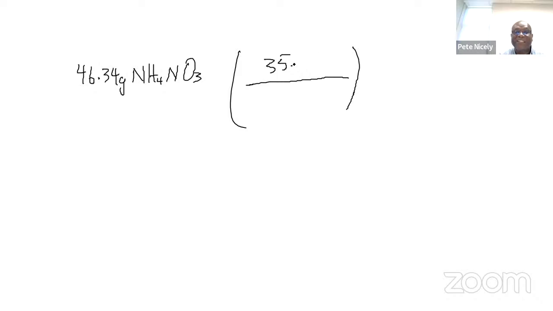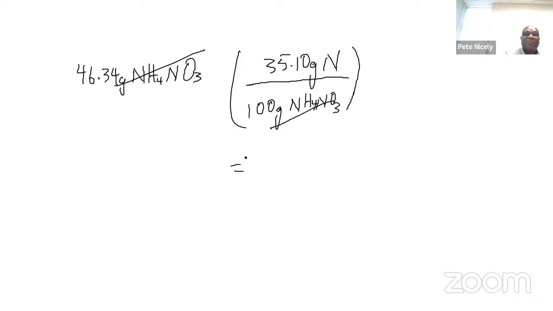So the way I'd represent that is 35.10 grams of nitrogen for every 100 grams of ammonium nitrate, right? Of course, this would go with this, and then I'll just do the number crunching.